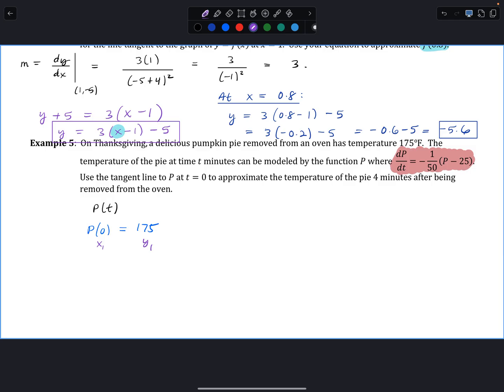So to find the slope, do you guys agree, plug into your derivative? Okay, so careful. What number am I going to plug in? 0 or 175?